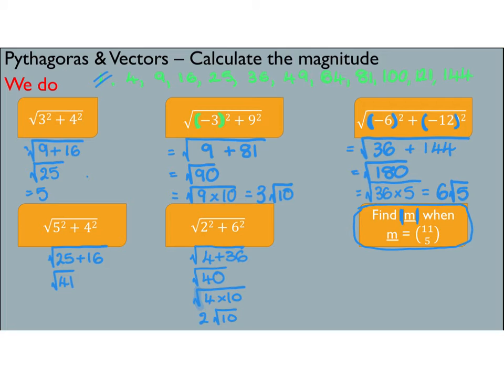So the magnitude of m is equal to the square root, and I'm going to use this 11 and this 5, 11 squared and 5 squared. And we get 146 there, so have a think. Do we have a square number that goes into 146? The answer is no, there's not a square number that goes into 146.